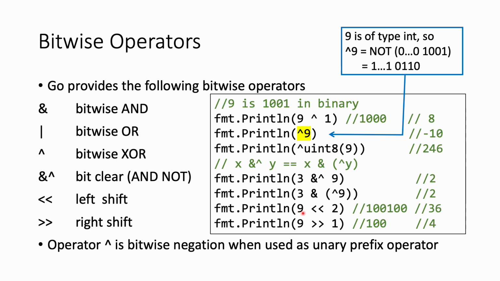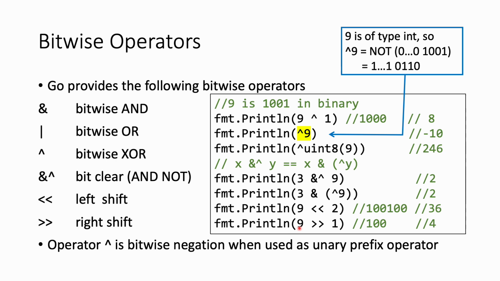When you write 9 left shift 2, that means shifting all the bits in the binary representation of 9 2 bits to the left. This is equivalent to adding 2 0 bits at the end of 1001. So the result is 100100, which is equal to 36 in decimal.